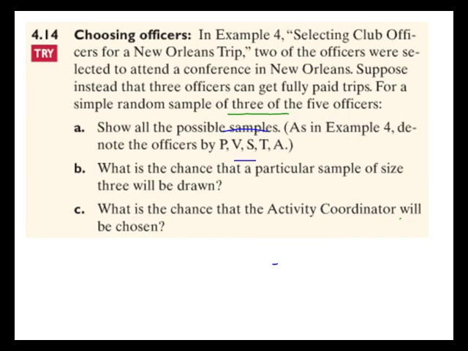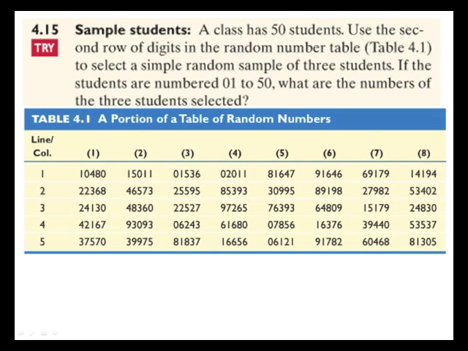Here we have a random number table, and it tells us that we want to start with the second row of digits, and a class has 50 students. So, yeah, we'll do 2 digits from 01 to 50, and our first will be 22, and then 36, and then, well, not 84, right? Not 65, and not 73. 25.